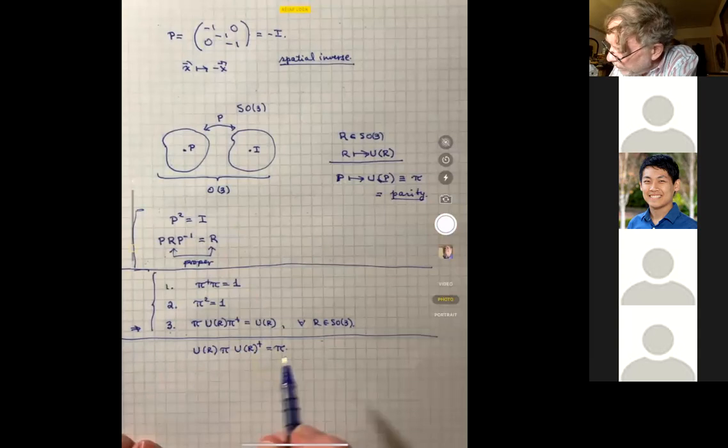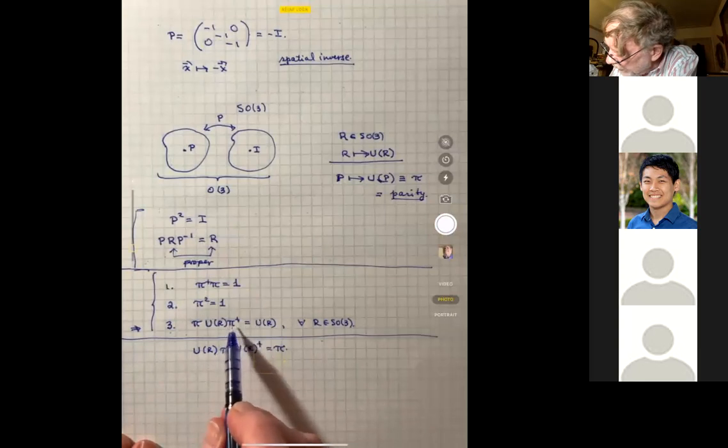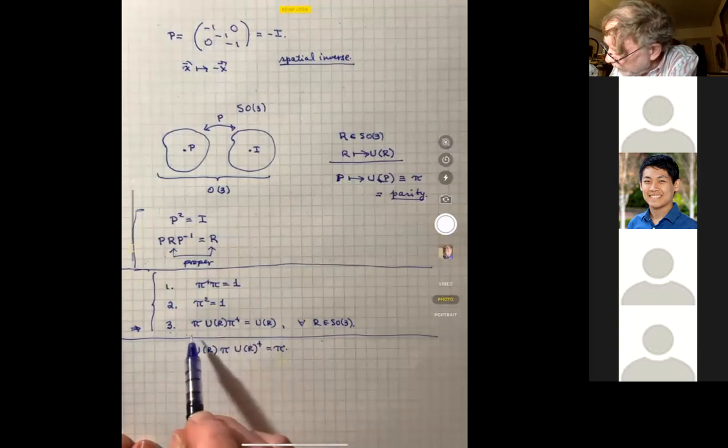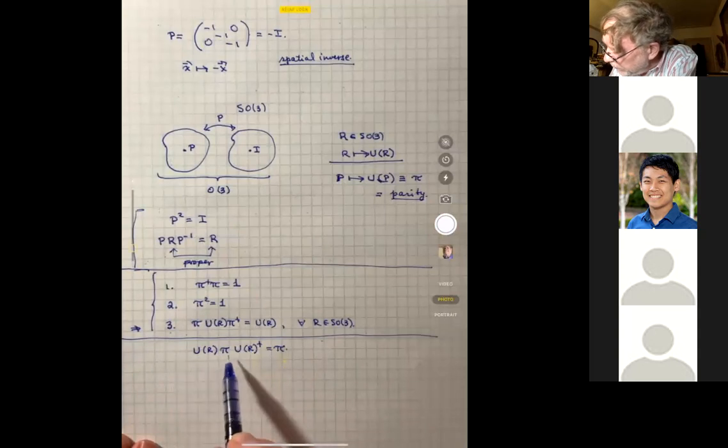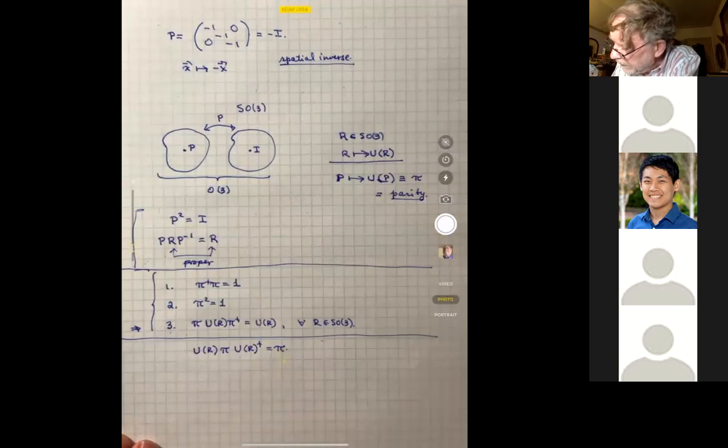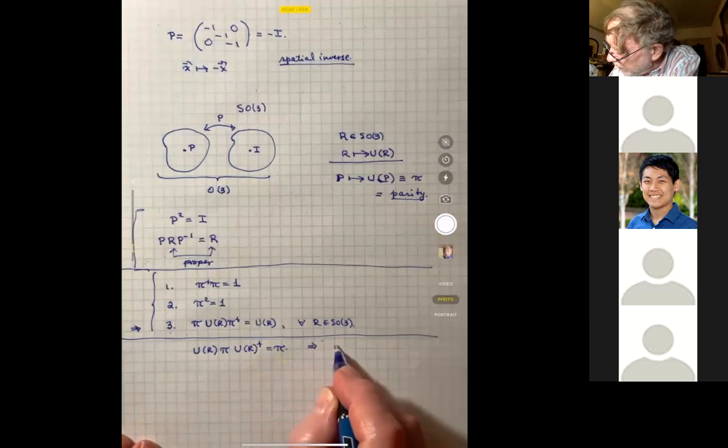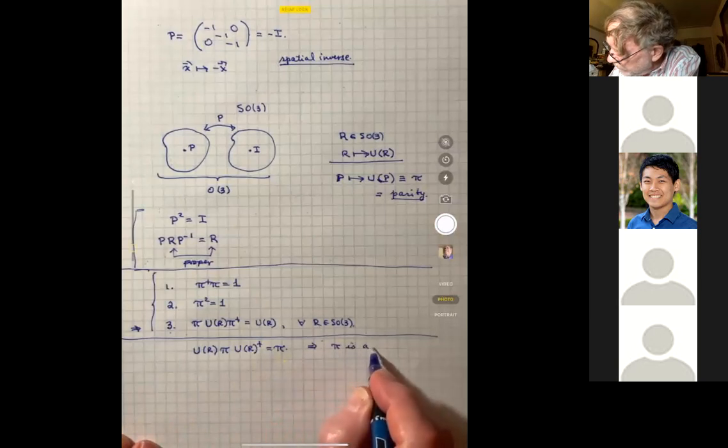I get that, you see, if I multiply on the right by pi, here I get U(R) times pi, and on the left-hand side, the pi kills the pi dagger, and I get pi U(R). Bring this pi over to the other side, then cancel the U(R) by multiplying by U(R) dagger, and you get this formula here. So what this says is that pi is a scalar operator. As you see, it commutes with all rotations.